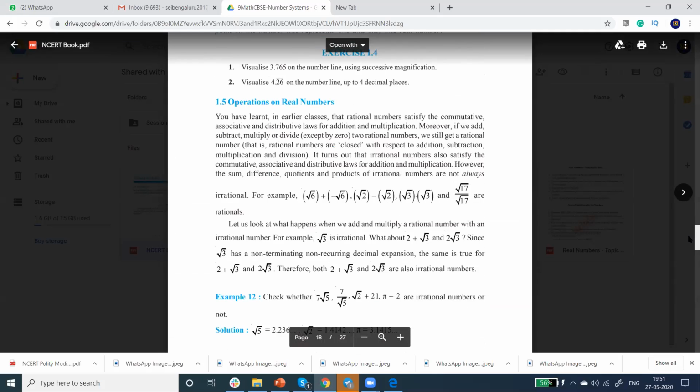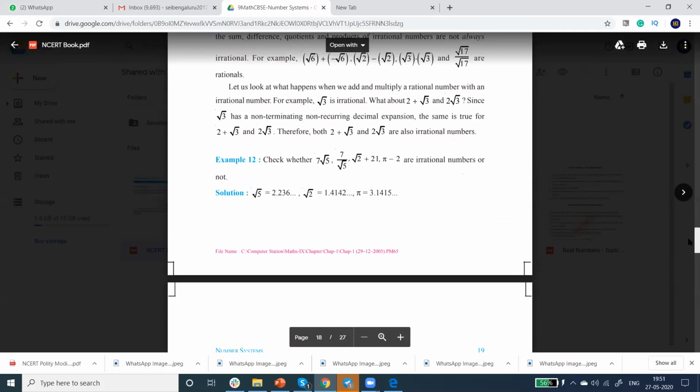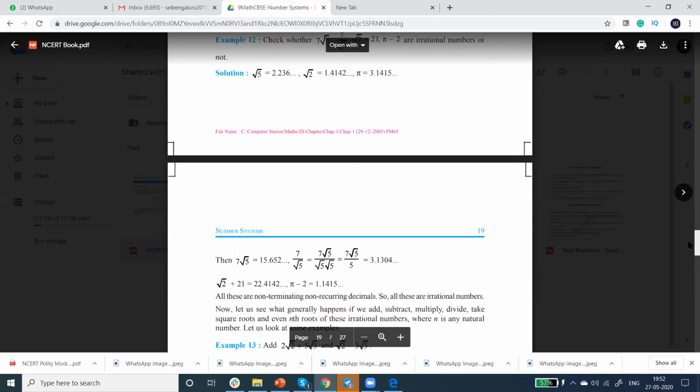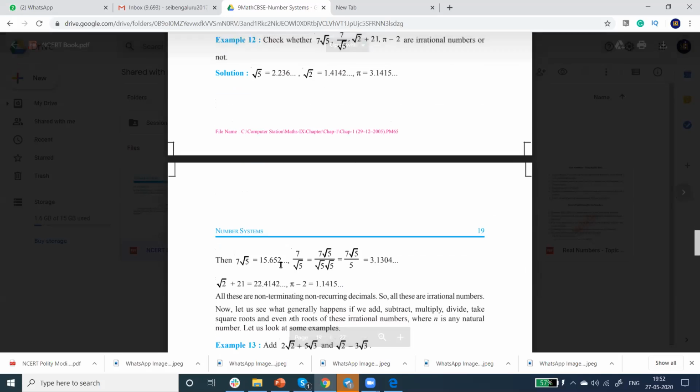Now coming to operations on real numbers. Check whether 7 root 5, 7 by root 5, 2 root 2 plus 21, pi minus 2 are irrational numbers or not. For this, root 5 value is 2.236, root 2 value is 1.414, pi value is 3.14. These are all basic terms we know. Now 7 root 5: root 5 value 2.236 into 7, approximately 15.652.